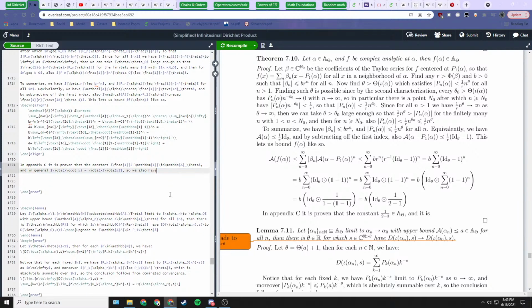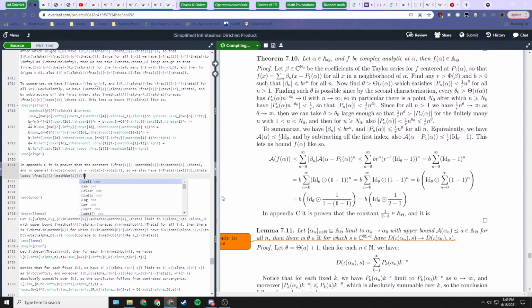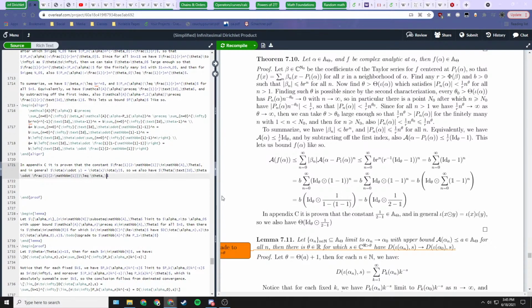Look at this. So we also have theta of this whole thing less than or equal to theta plus, sorry, theta iota of this.